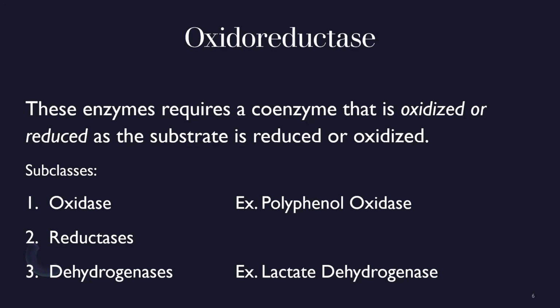For example, we have lactate dehydrogenase. We have a reduced substrate, which is lactate, and we have an oxidized coenzyme. The enzyme will catalyze this, resulting in a pyruvate, which is oxidized, and a reduced coenzyme.